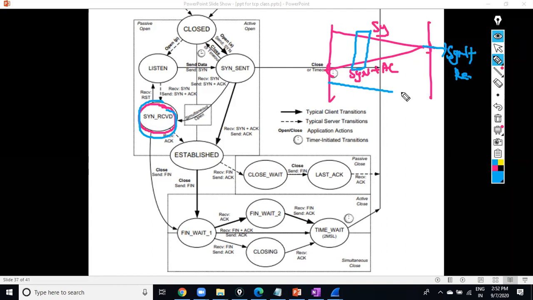This side is sending a reset. So when it sends reset, from the SYN received state I'll go back into the listen state. I'll not be in the close state. I'll go back into the listen state.